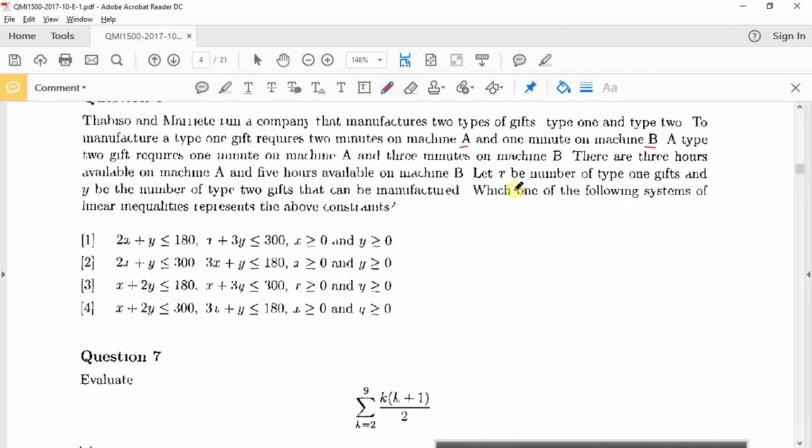Okay, that's pretty straightforward. So type 1 gifts are X and Y is type 2 gifts.